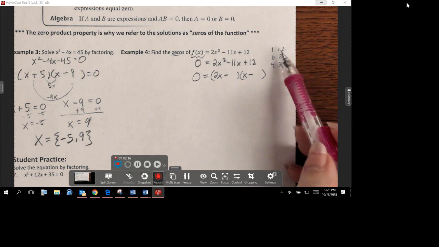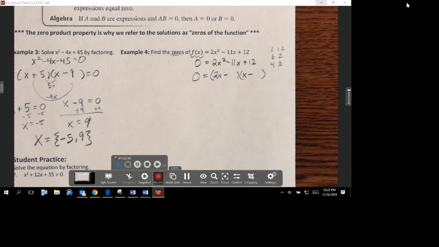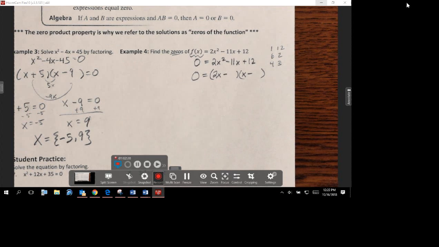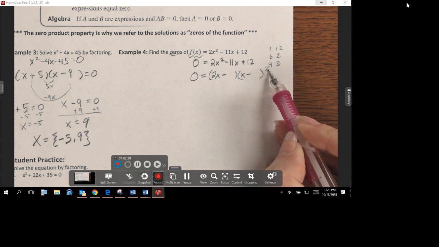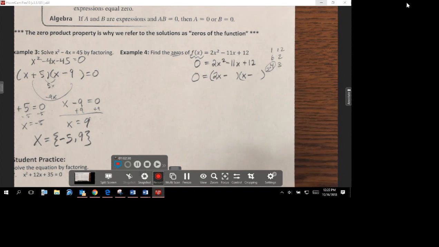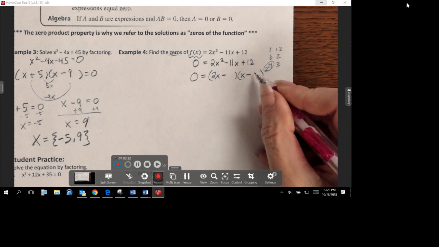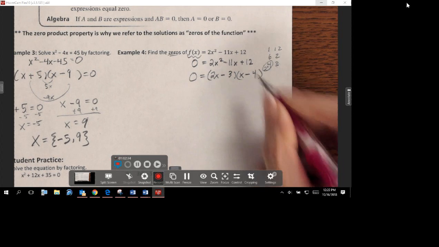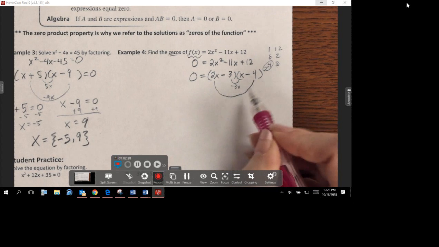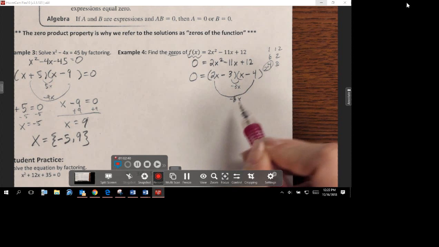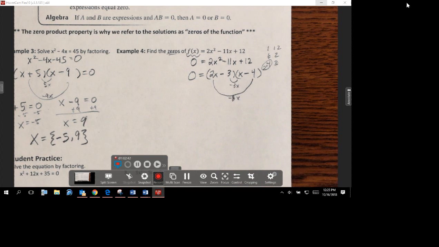We're still going to have to multiply one of these numbers by 2 and get 11 when we're done. 2 times 4 is 8 plus 3. If you didn't see that, well, just start guessing and checking. So minus 3x and minus 8x will work.